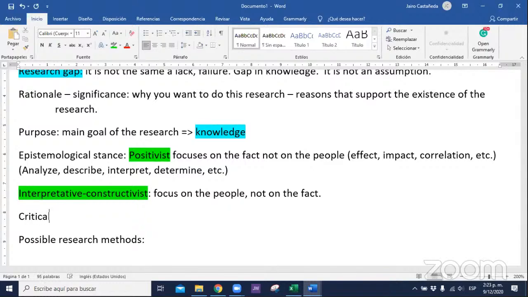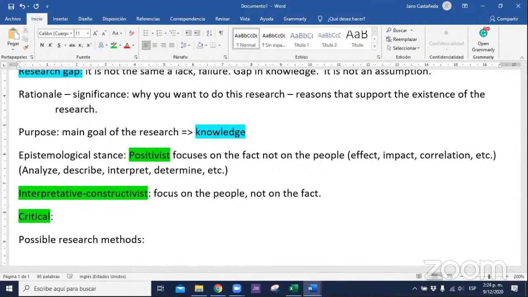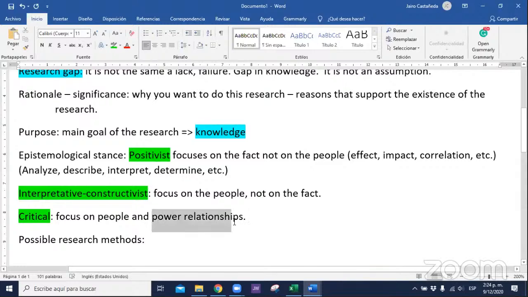Or if you want to do a critical research, you are not going to focus only on people, but also on the power relationships. This is another element. So what happened with these people, with these power relationships and everything, right?